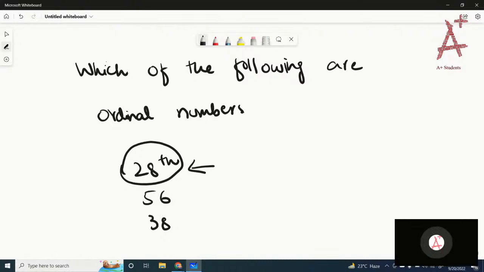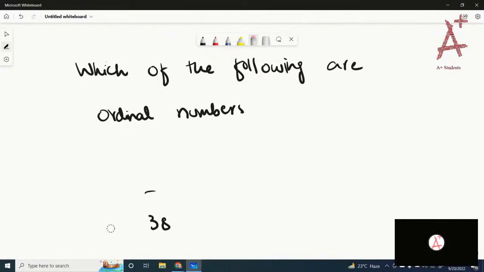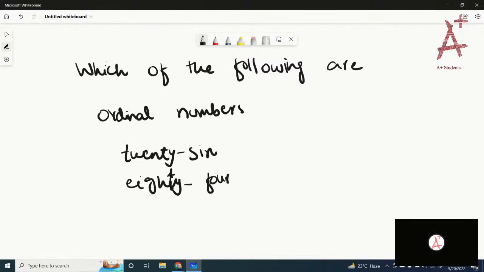Okay, the next question: which of the following are ordinal numbers? The options you are given are 26, 84, and 67th.